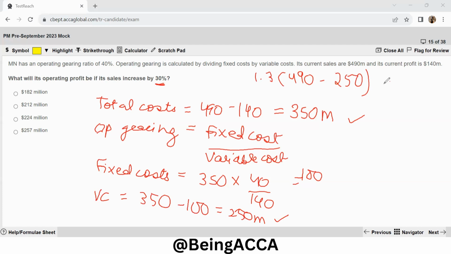So my contribution is going to be $312 million. Then to find my profit, I just have to subtract my fixed costs from this. Fixed costs, as they are fixed, will remain the same. I will just subtract 100 over here, and I have my answer as $212 million, and this is option 2. So I will just select this option and submit.